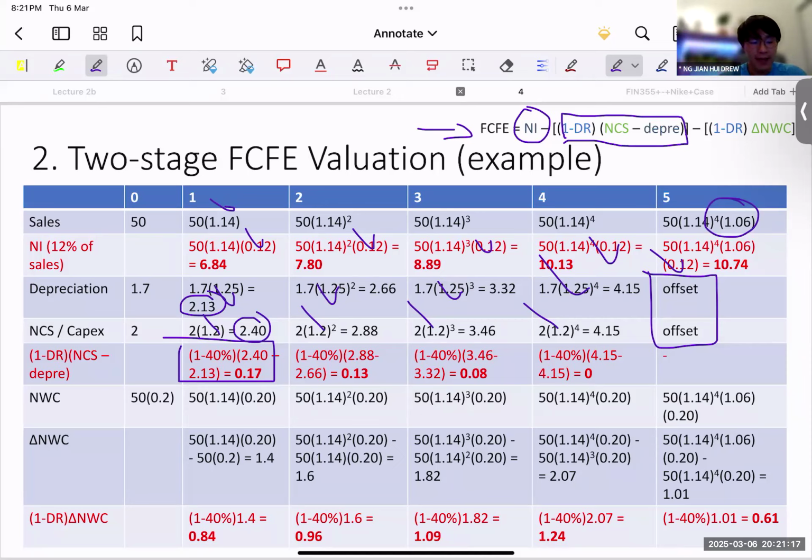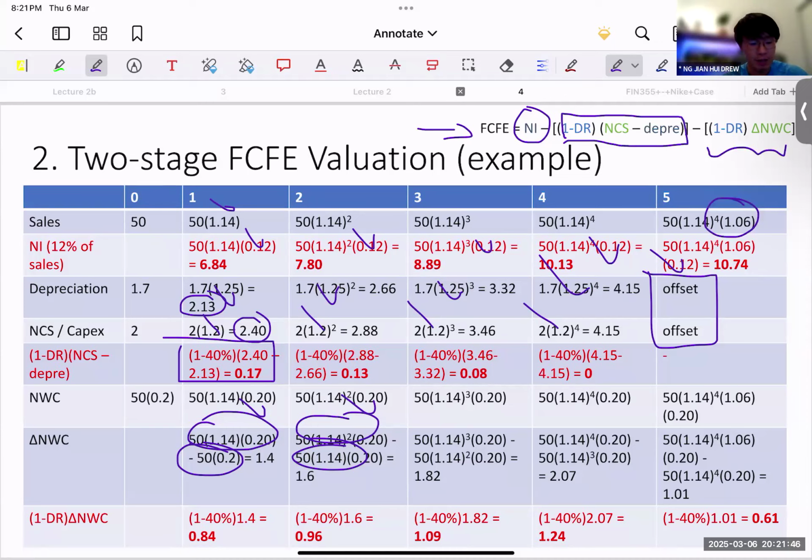For net working capital, the question gives 20% of sales, 20%, 20%. Again, we need to look at the change in net working capital, so we take year 1 minus year 0, year 2 minus year 1. What's important is that the third part of the formula for FCFE needs to be adjusted by 1 minus the debt ratio.